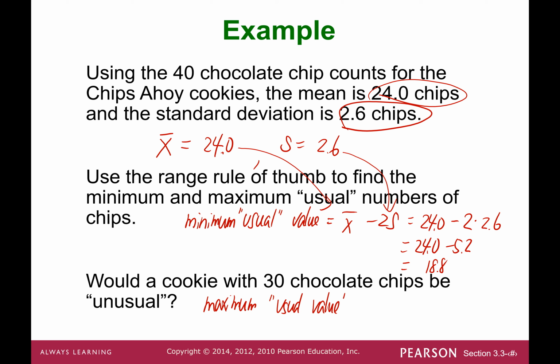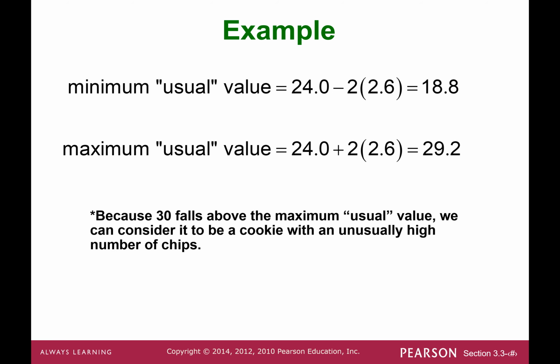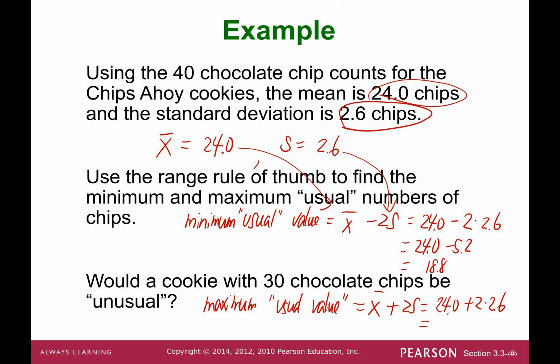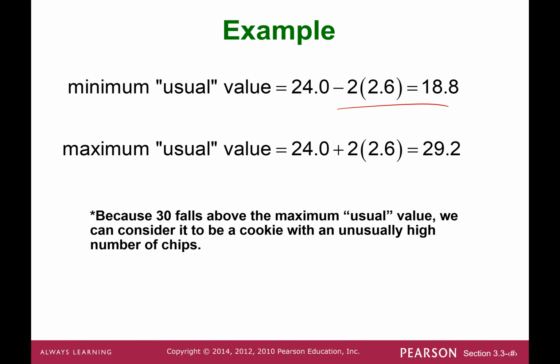You can also find the maximum usual value. Similarly, you just do the sample mean plus 2 standard deviations. So this is 24.0 plus 2 times 2.6, which turned out to be 24 plus 5.2, 29.2. The next page shows you the detailed calculation. And the 30 actually falls above the maximum usual value.